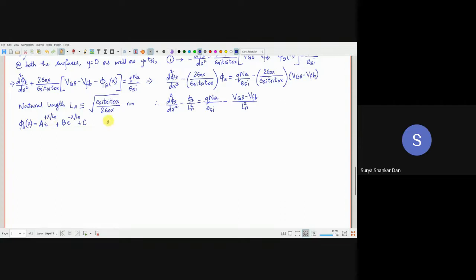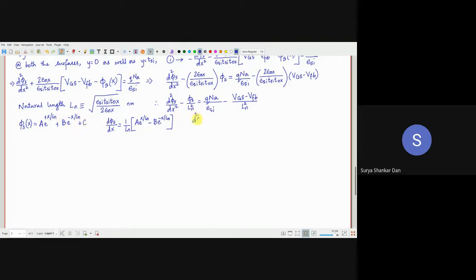So we get d phi s dx equal to 1 upon ln bracket a e to the power of x by ln minus b e to the power of minus x by ln. c is of course gone.